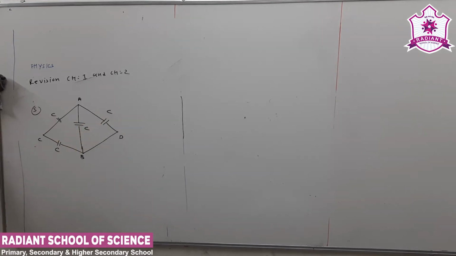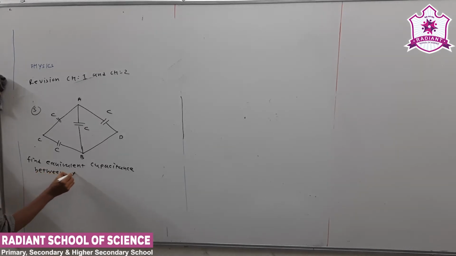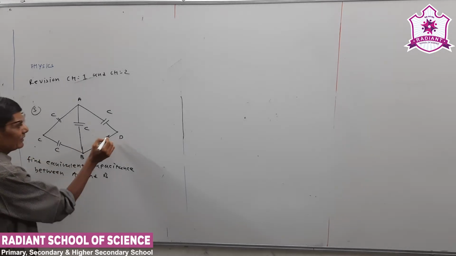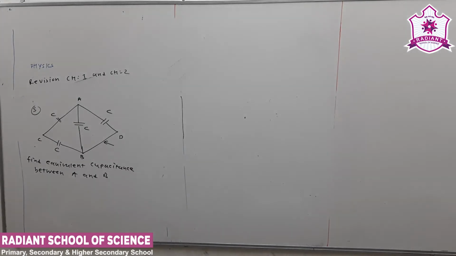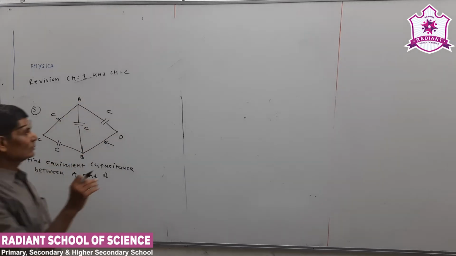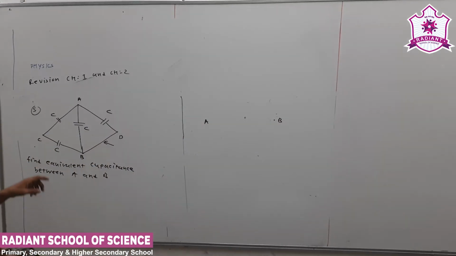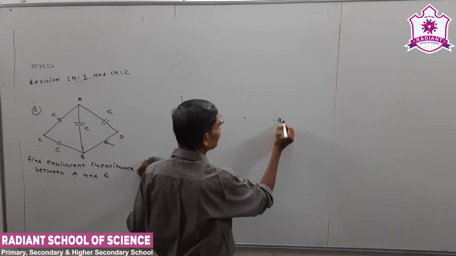Find the equivalent capacitance between A and B. Now what you can see is that between D and B there is no component, so D and B will be the same point. Now suppose we draw the circuit between A and B. B and D are the same point.